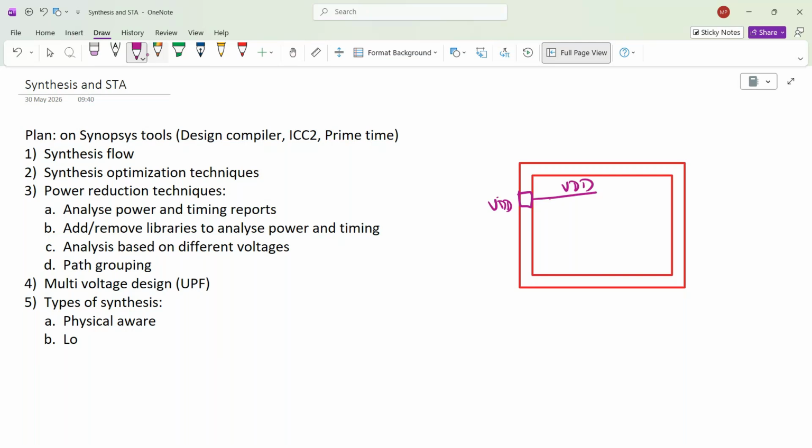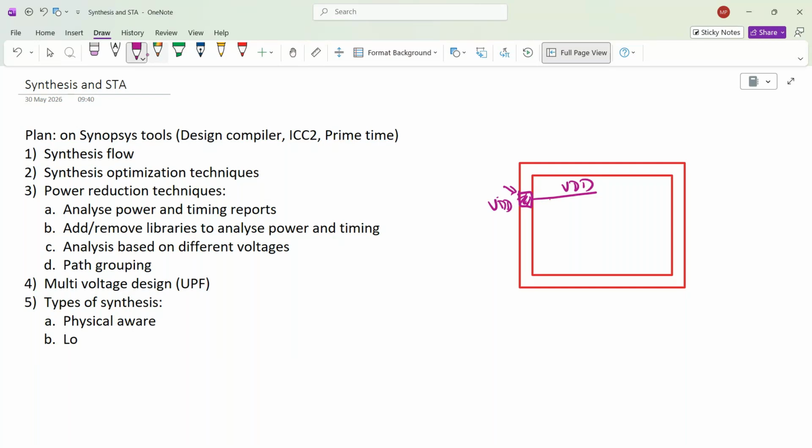The tool knows that some voltage is coming here, and this port is getting connected to a certain net. But we need to define that whatever voltage is coming, we will be calling it VDD. And like that, we have to add commands to create UPF.